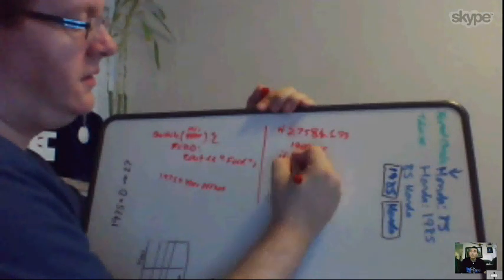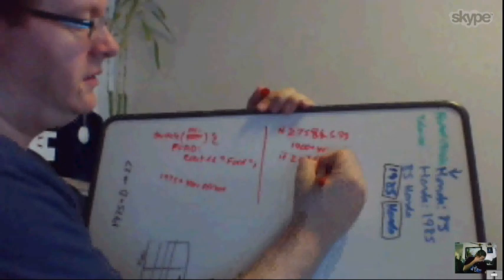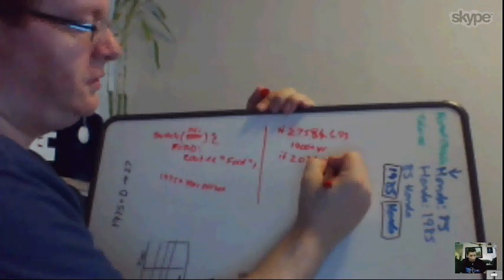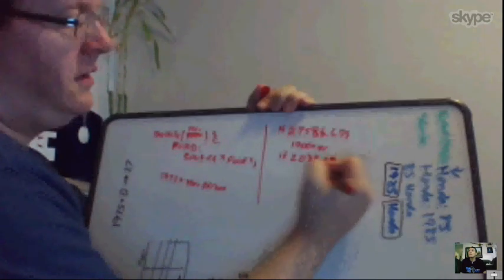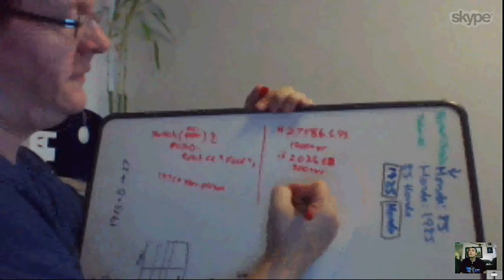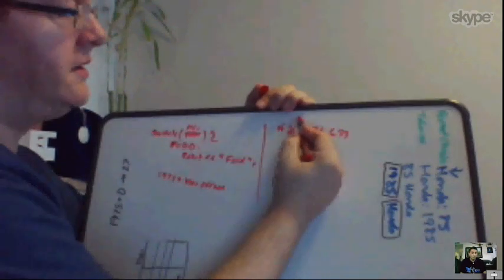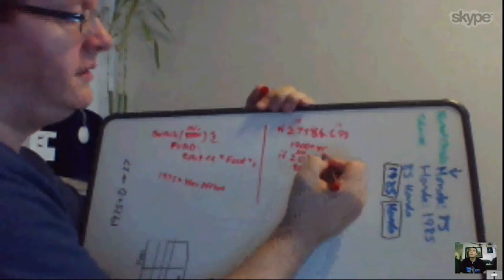If greater than or equal to 0 and less than or equal to 2, then it's 2000 plus year. And you could have another one for 1975 to 2002.